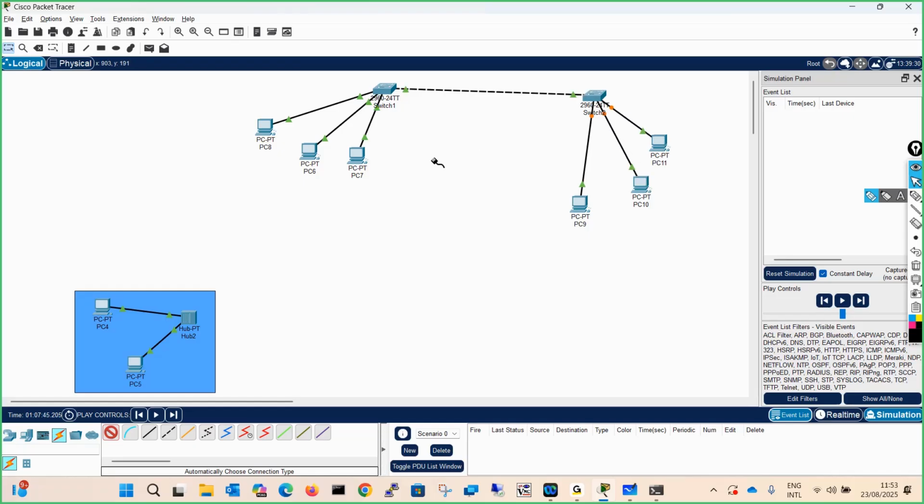Assume that this is a network with only a few devices connected. In your real network you will have thousands of devices connected, right?